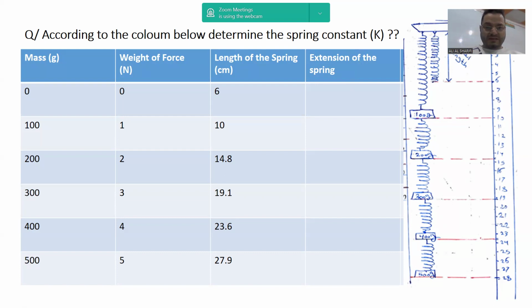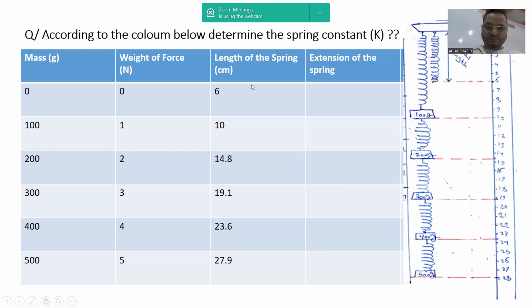This slide is important because you must know every word in this question and what it means. According to the column below, determine the spring constant, that means K. Okay, and at the last slide, we will learn together what this K means. It's not the spring constant, it has some other meaning.